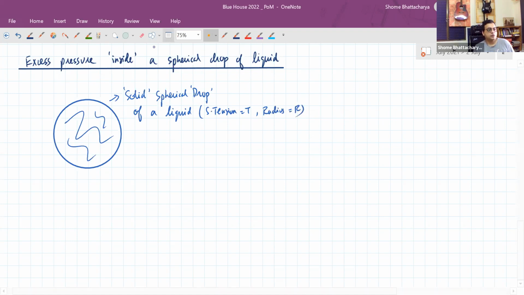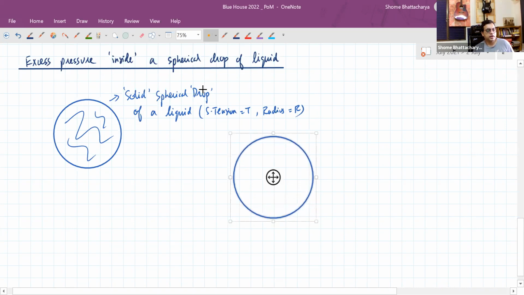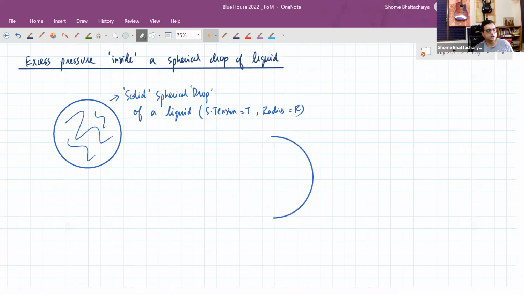Okay. Now if you imagine that you have split the spherical surface into two equal halves, and you are making a free body diagram of half the surface. So we are not making a diagram of half the sphere of liquid, but rather half of its surface.